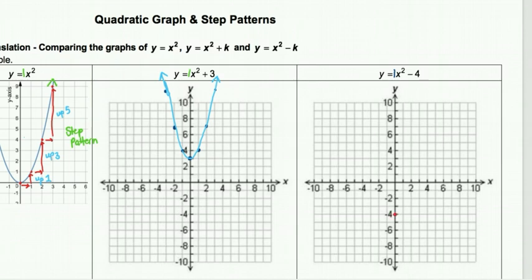So from there, the step pattern is go over 1, up 1, put a point. The next one, over 1, up 3, put a point. Over 1, up 5, and put a point. And over 1, if we had 7 spots, be right there-ish. Then we get the other point. Same thing on the other side, over 1 from the vertex, up 1, over 1, up 3, over 1, up 5, over 1, up 7.